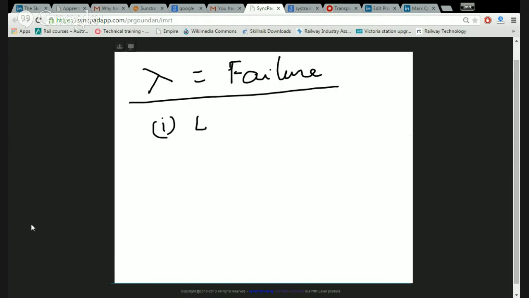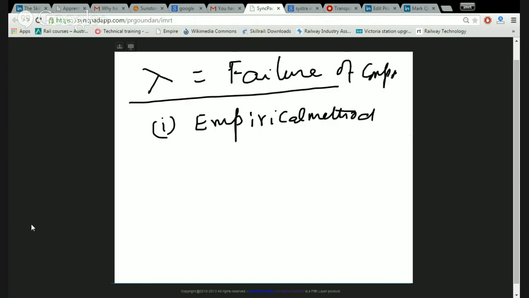There are three methods of doing it. One is the purely empirical method. This is failure of component. The second is the physics of failure.